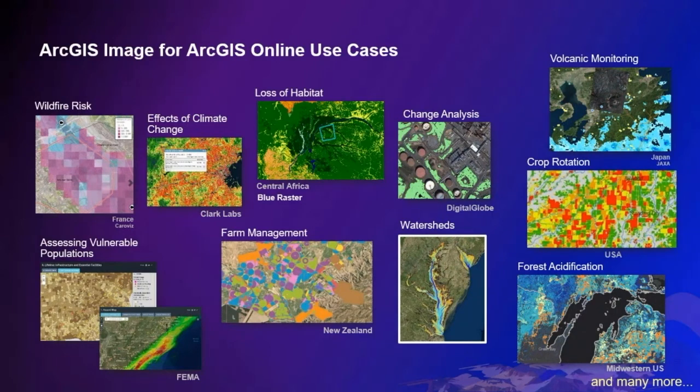For example, as we know, last year approximately 10,000 fires burnt more than 4.3 million acres in California. We can leverage various raster analysis tools and functions to understand the impact and severity of wildfire. We can analyze effects of climate change and rise in sea surface temperature that can increase coral stress over time.